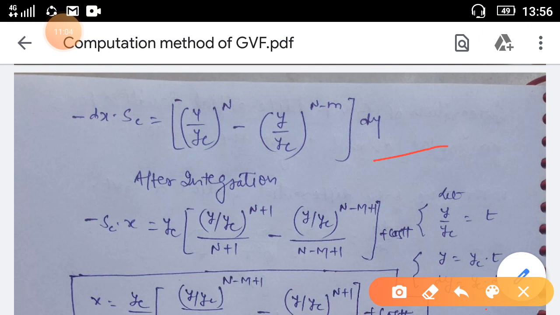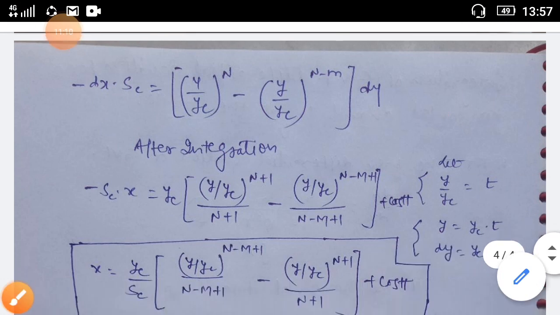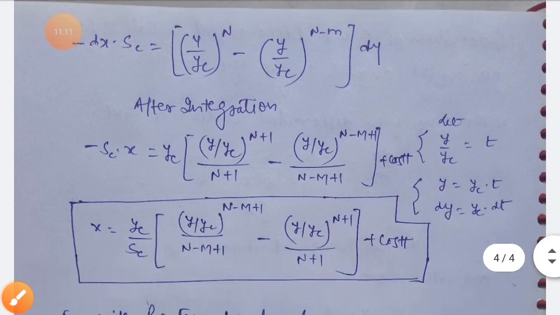So by integrating, let us assume that y by yc is equal to t. So y is equal to yc into t, so dy is equal to yc into dt. We can eliminate this dy in terms of yc into dt and simply integrate.